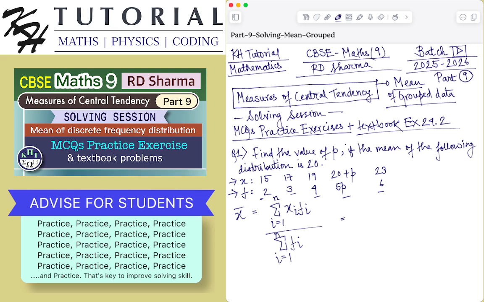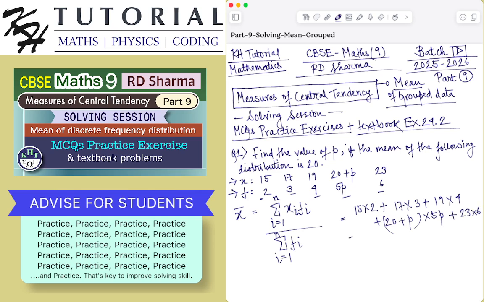So if we now compute the summation of xi fi divided by summation of fi, I have 15 multiplied by 2 plus 17 multiplied by 3 plus 19 multiplied by 4 plus 20 plus p multiplied by 5p plus 23 multiplied by 6.